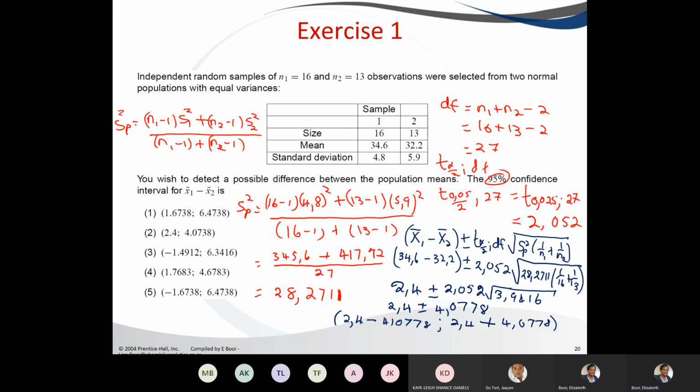So option number 5, minus 1,67, and 2,4 plus 4,0778, I get 6,47, so the answer is option number 5.